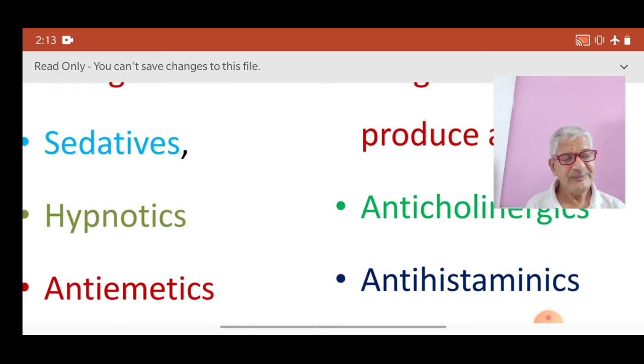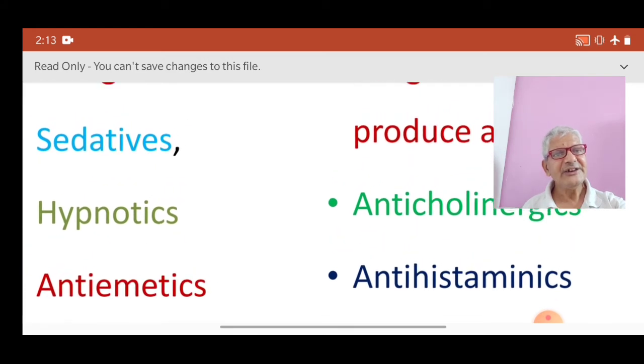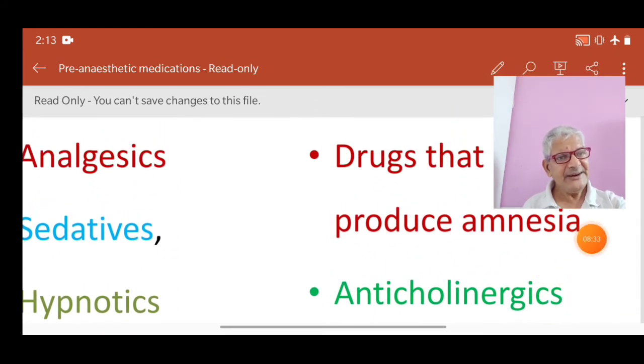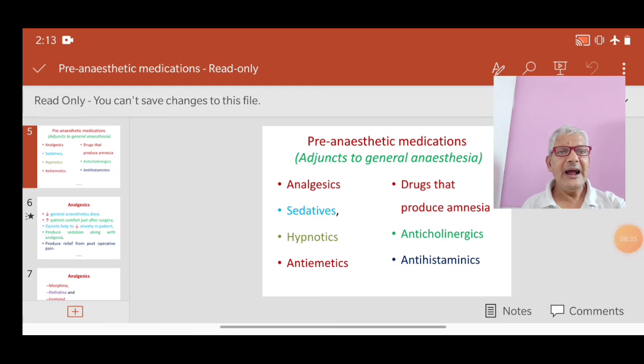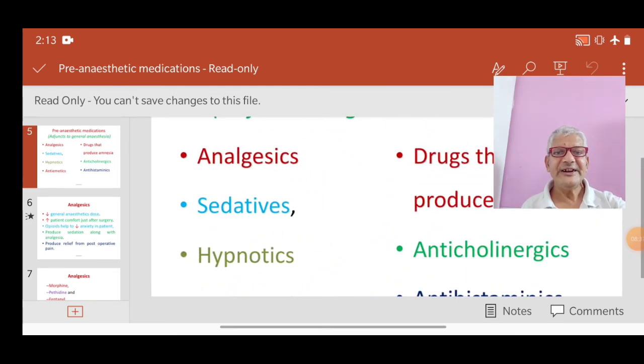I am repeating: the category of drugs that are used as pre-anesthetic medications are analgesic, hypnotic, antiemetic, sedative, anticholinergic, and antihistaminics.